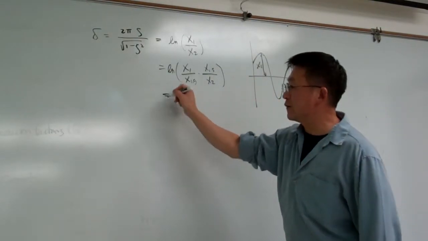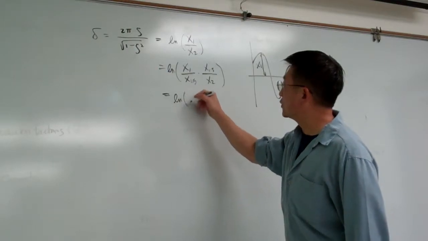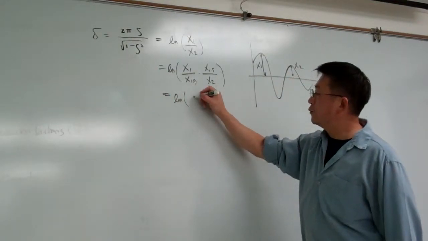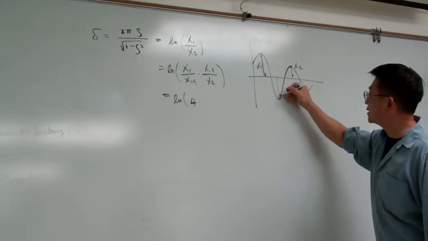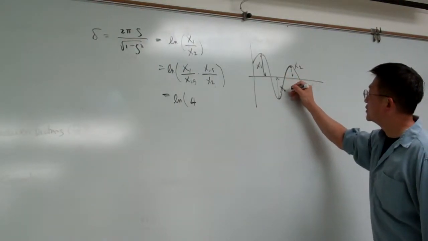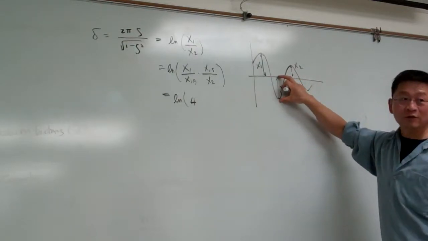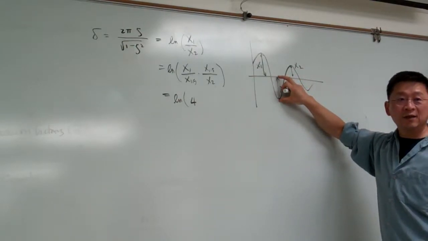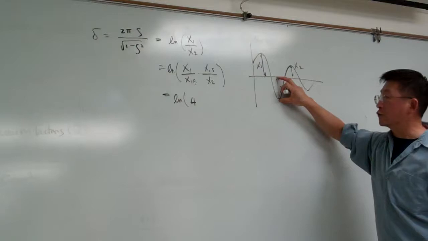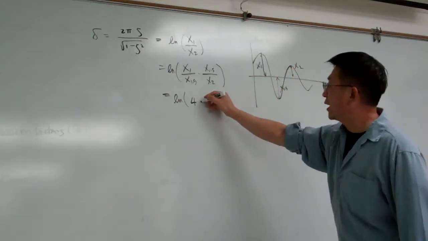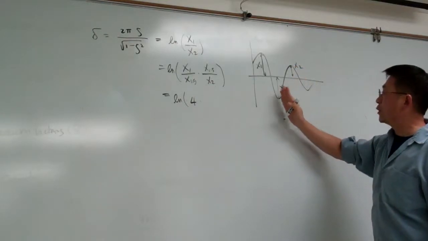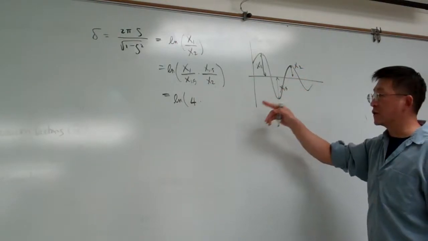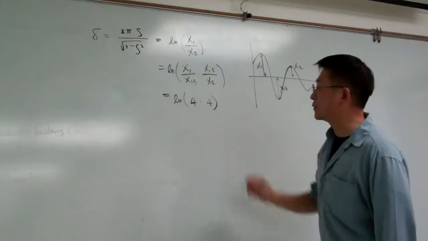From this ratio, we know that x1 over x1.5 is 4. That is the ratio, telling us this is the amplitude x1.5. For amplitude, we only take the absolute value, not any negative. And the same thing for this one with respect to 1.5, again the ratio half a period away, so again that is 4.